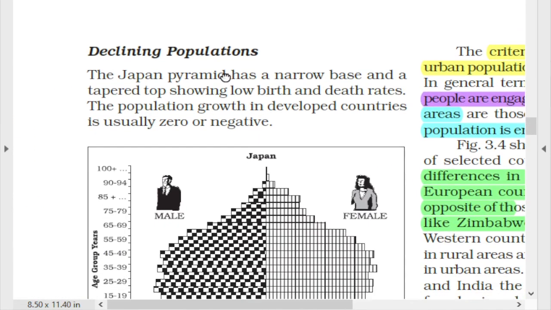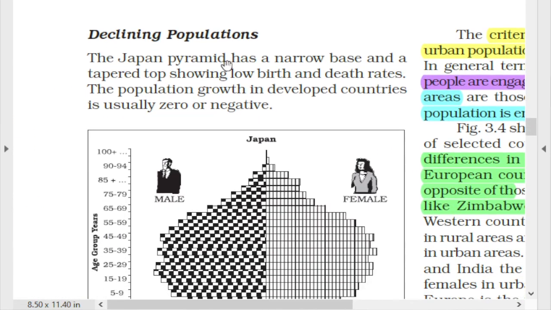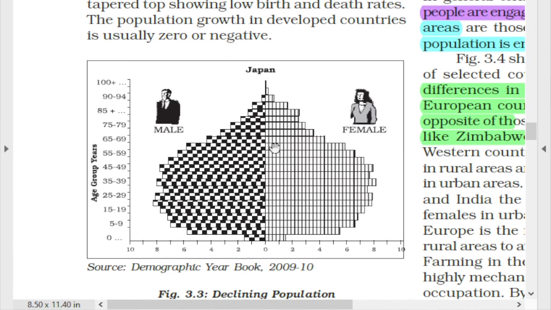Then there was another type of population in the age group, the declining population. In such a population, the number of young people is less, and slowly the birth rate or growth rate of the population is either zero or sometimes negative.